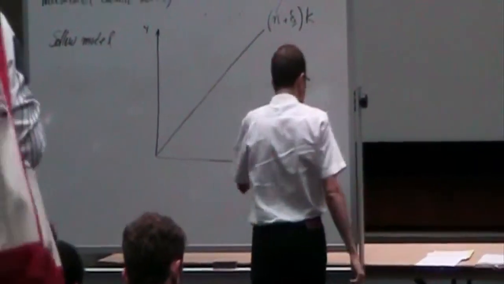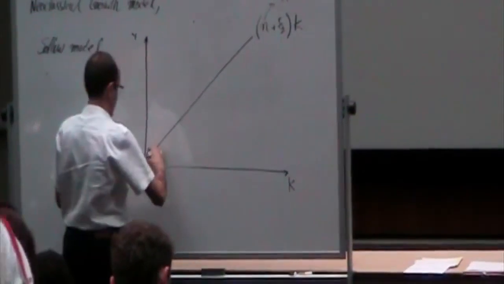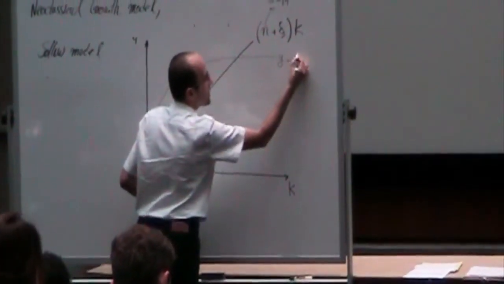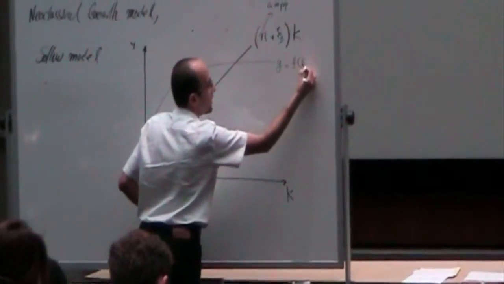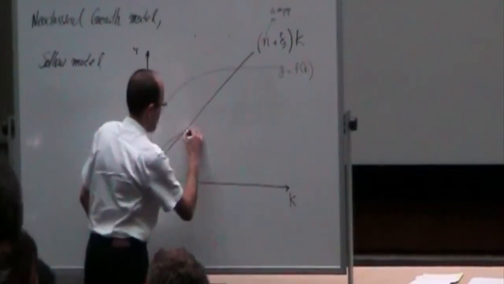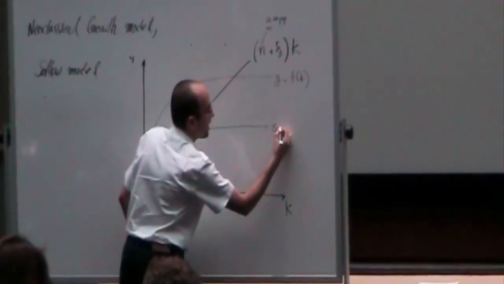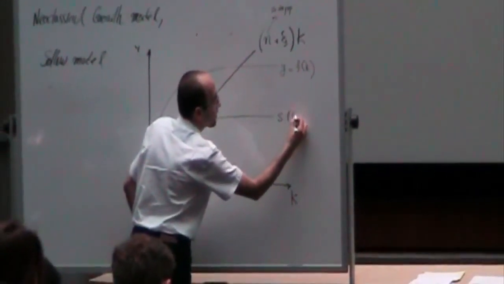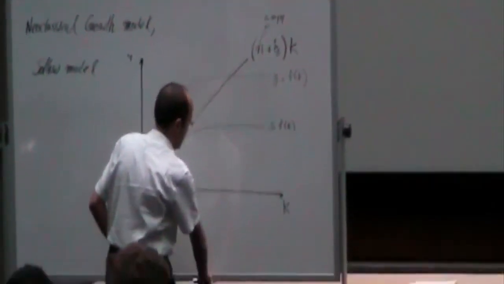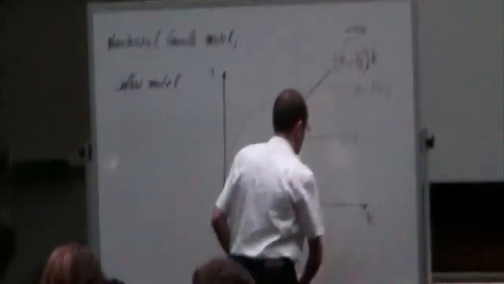Okay? So having this, the function that I derived earlier, y equal to f of k, and then saving of this function will be s times f of k, or s times y, to make it easier.